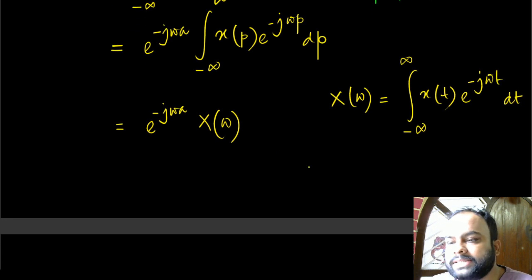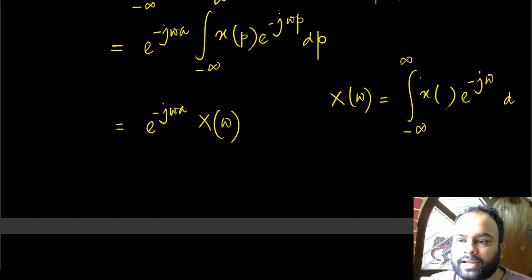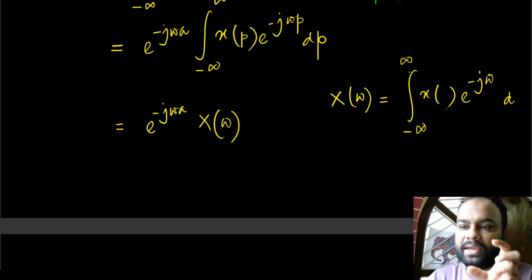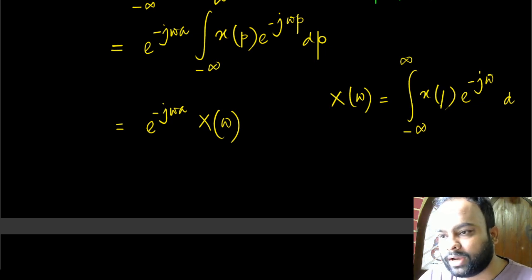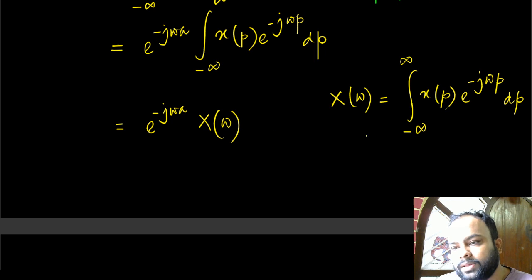But instead of writing t, I could as well write p. I can write anything, because that's a placeholder name. After the integration, t will not be there; it will be replaced by the upper limit and lower limit, so p will not remain, just as t will not remain. That is how the definition works.